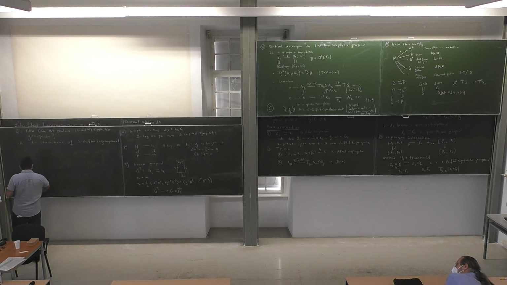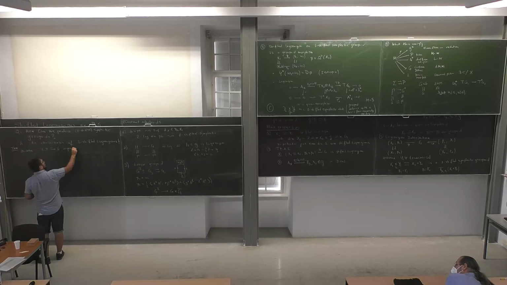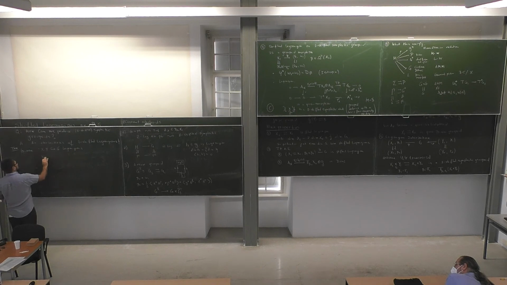Because given two Lagrangians, so this is a theorem, given x, y inside the G, Lagrangians, then I can make x product y entering in G. So here I change the orientation, and then I put here G, and it happens that this is a Lagrangian entering here, this is a Lagrangian entering here, and these two maps are always transversal.